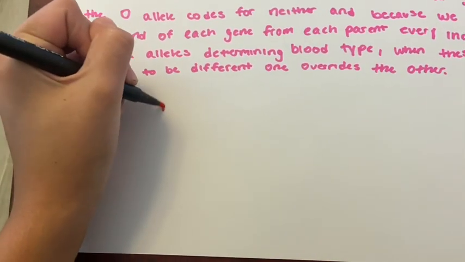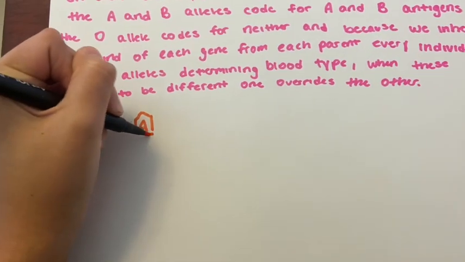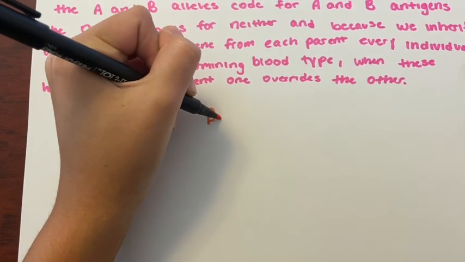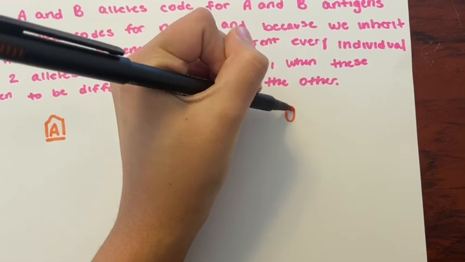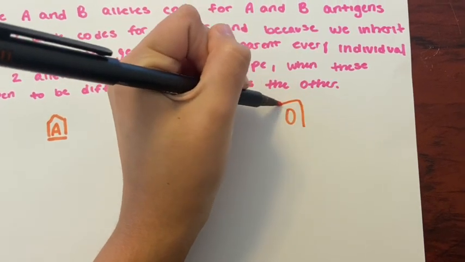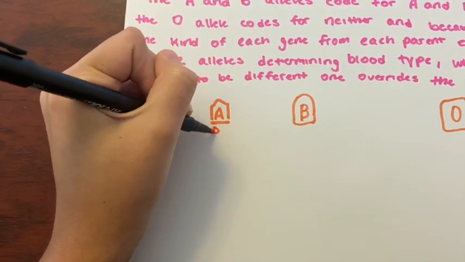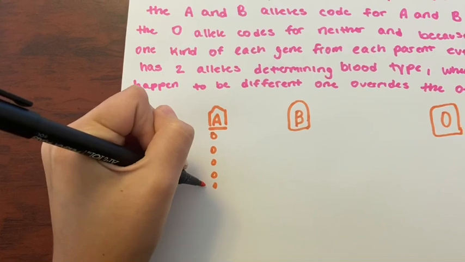So this is the A, this is B, and then this is O. So one is getting coded.